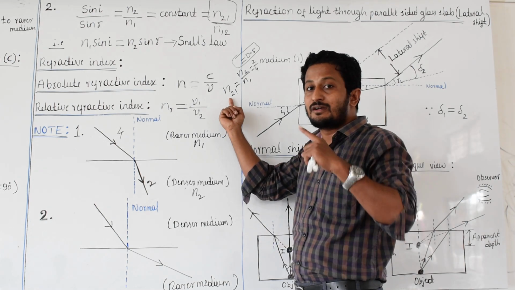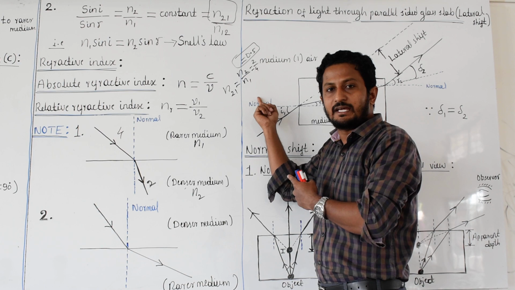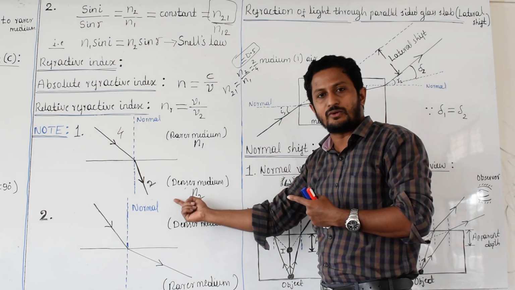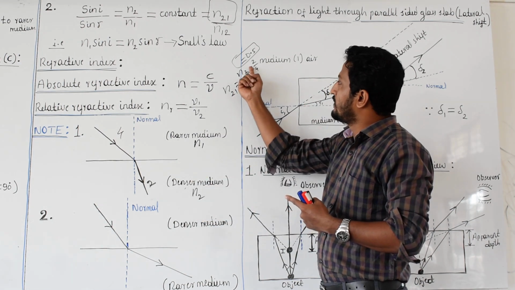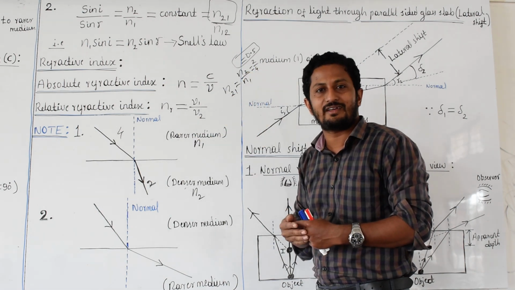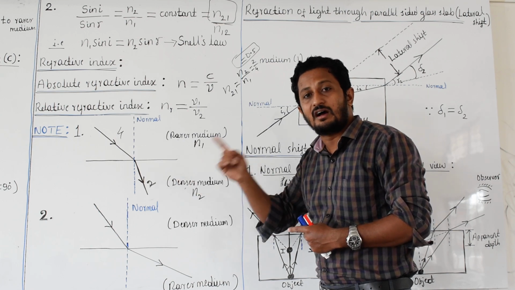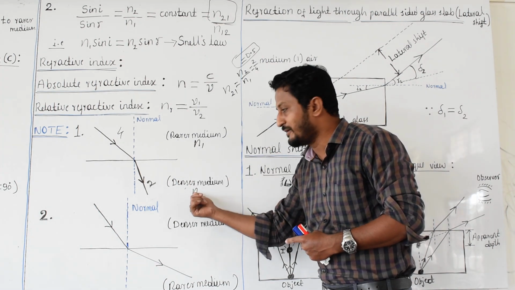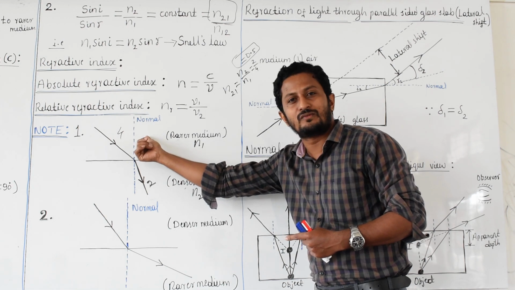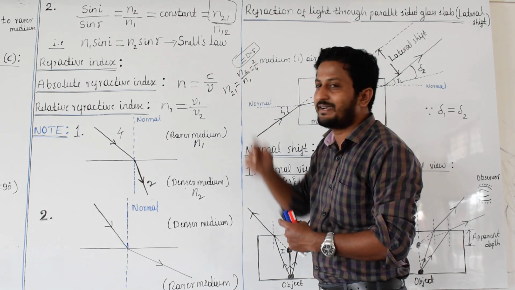I write here n21, that is equal to n2 by n1. n2 value, that is 2, by n1 value 4, 2 by 4, how much you got? 0.5. So in this present example, the refractive index of the second medium with respect to the first medium is 0.5. What is this 0.5 telling?